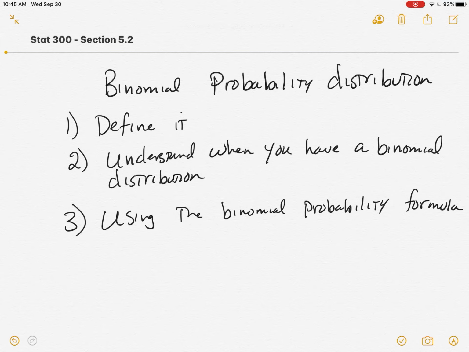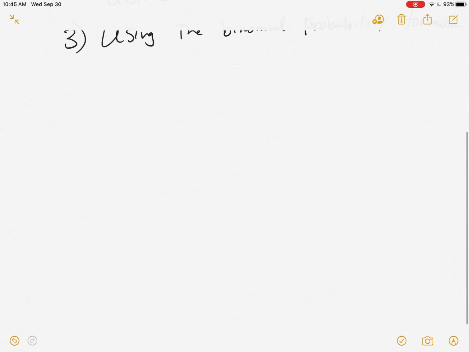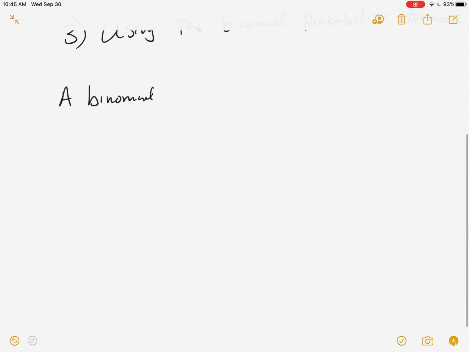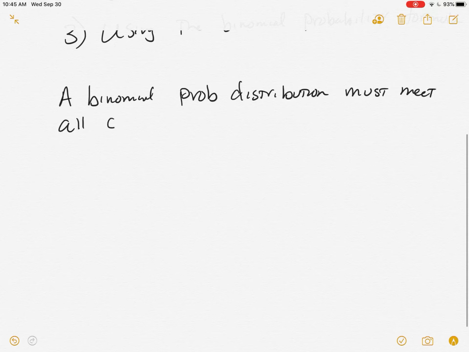So let's go ahead and define it. The binomial probability distribution must meet all of the following criteria.